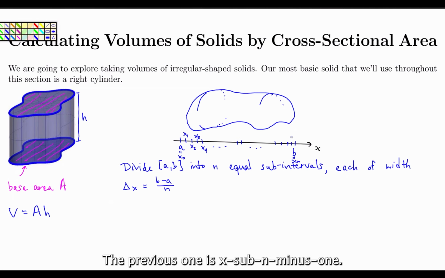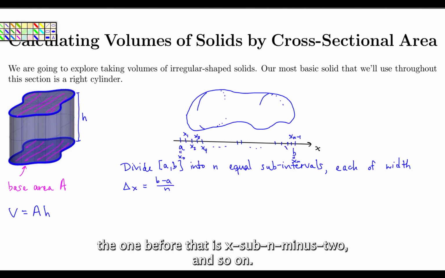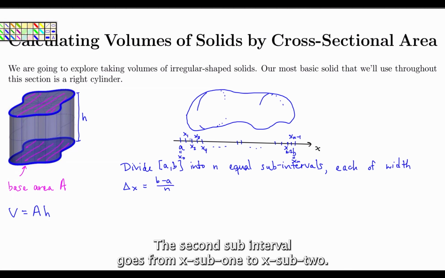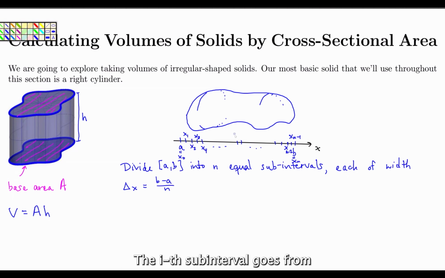The previous one is x sub n minus 1. One before that is x sub n minus 2, and so on. So the first interval goes from x sub 0 to x sub 1. The second subinterval goes from x sub 1 to x sub 2. The ith subinterval goes from x sub i minus 1 to x sub i.